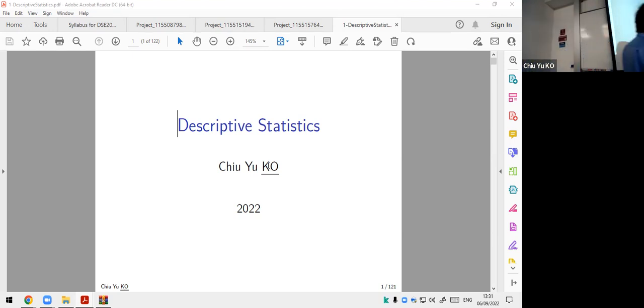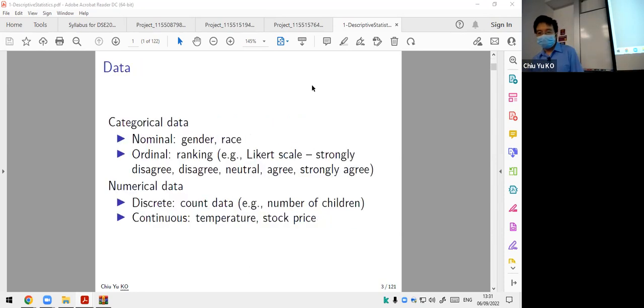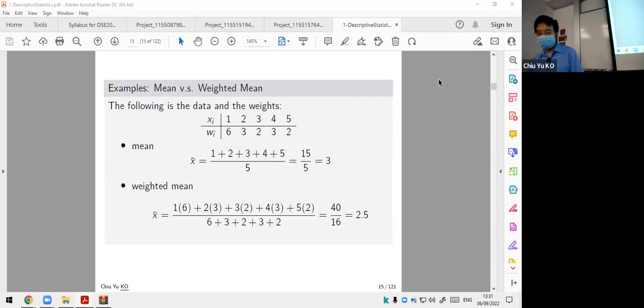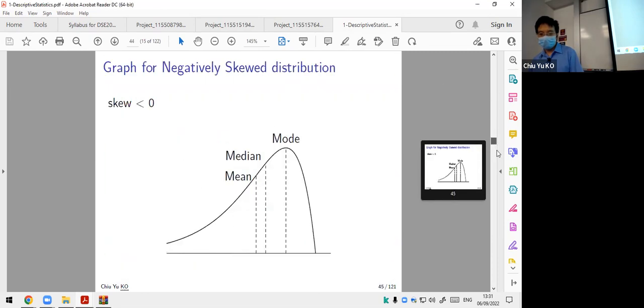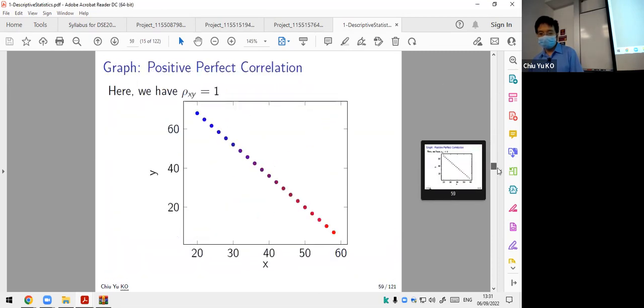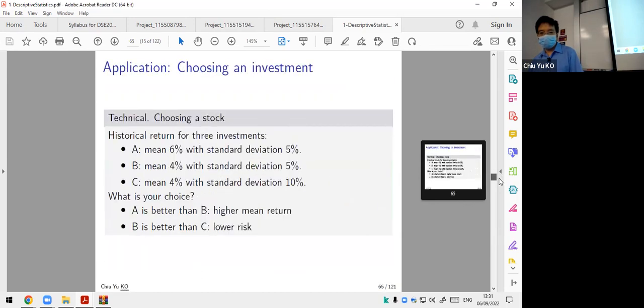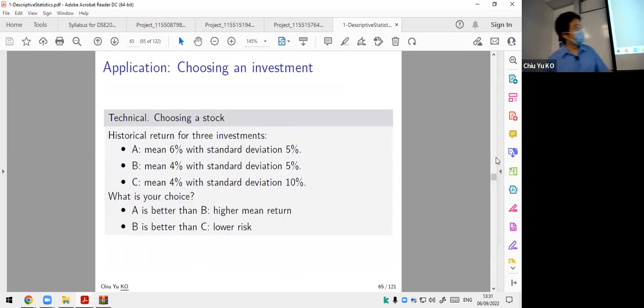So you see this first slide has more than 100 pages. Don't worry. The main content is only up to somewhere 30 pages, 40 pages, about halfway, and the other half is just for Excel.